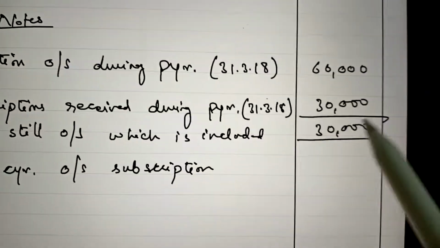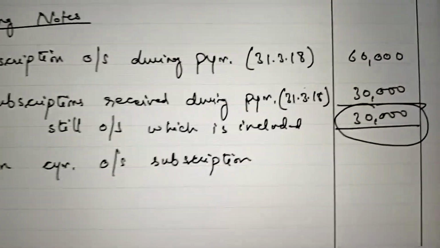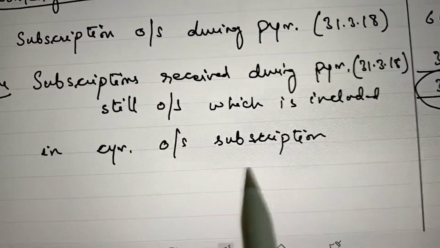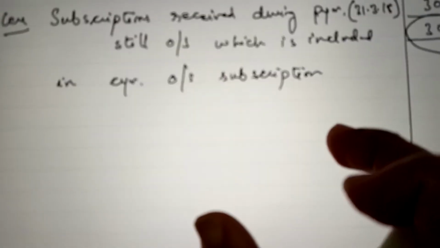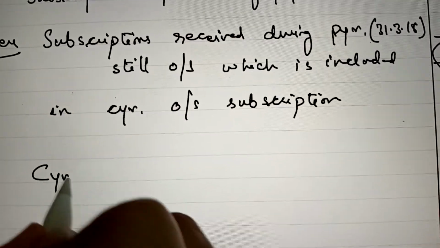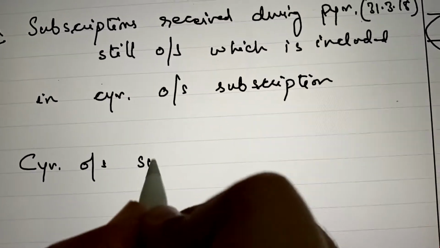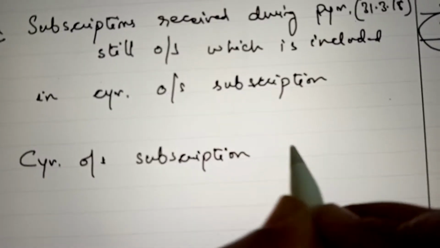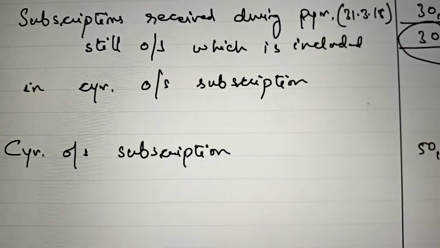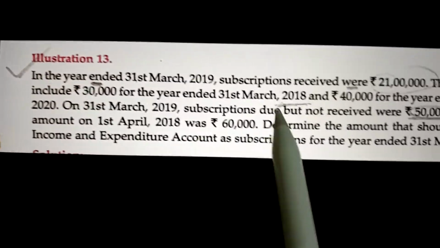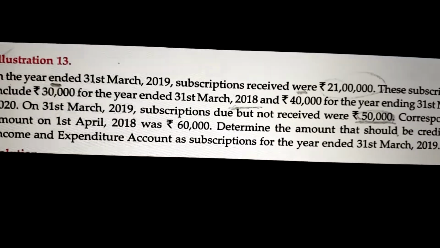So this 30,000 is included in current year's outstanding subscription, and current year's outstanding subscription is equal to 50,000, which is given to us in the question.